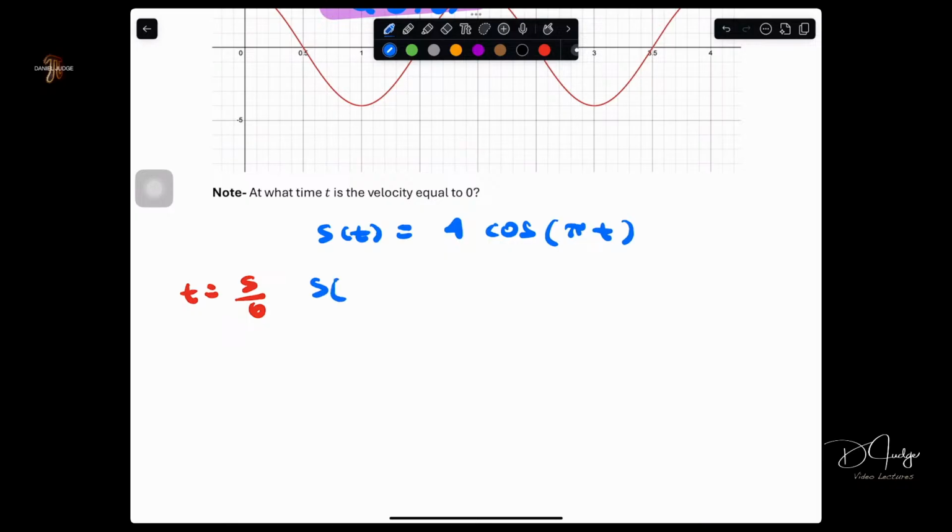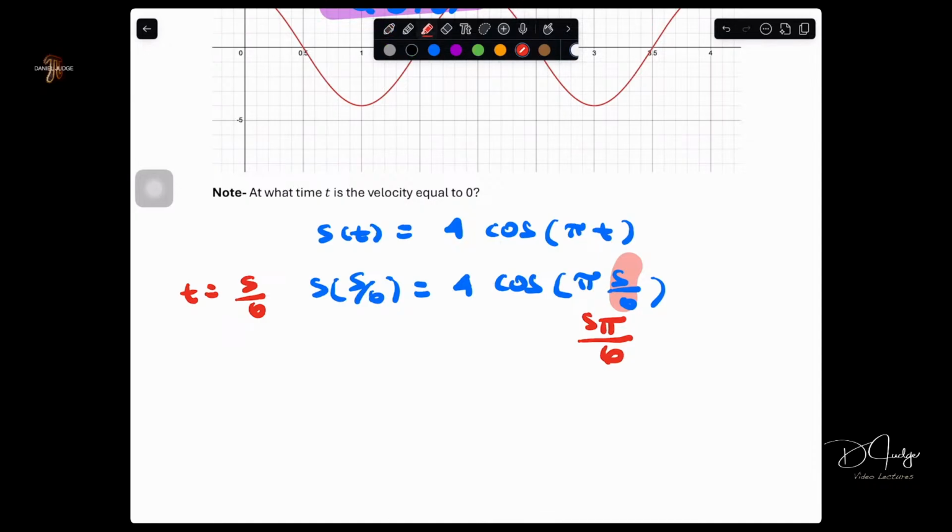So S of 5/6 becomes 4 cosine pi of 5/6. And we know this here as really, here's our t, 5 pi over 6.